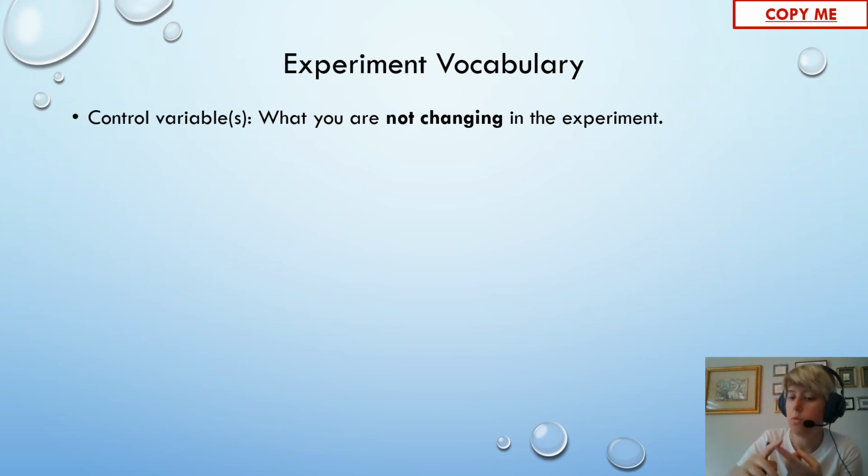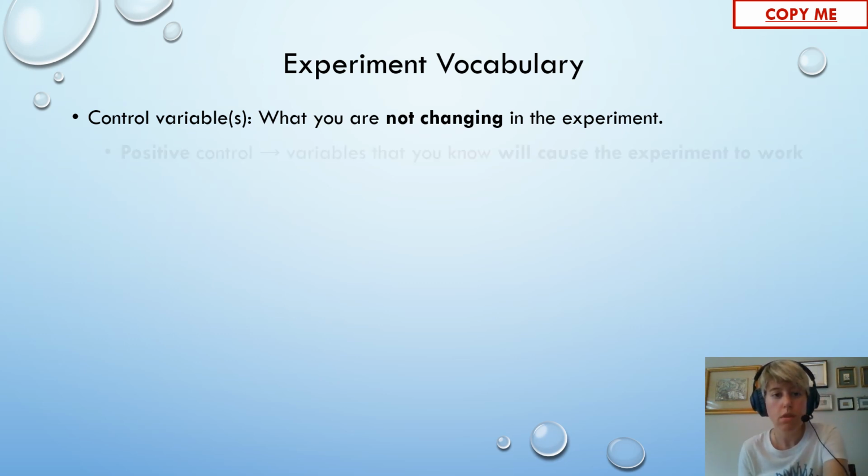You cannot control the weather, you cannot control the temperature. So those are things that are out of your control. But if we were doing an experiment indoors, well, then there are things that we can control. We can control the temperature in the room. We can control the humidity in the room. We can control the amount of light in the room, and so on and so forth. So a control variable is anything that you are not changing.